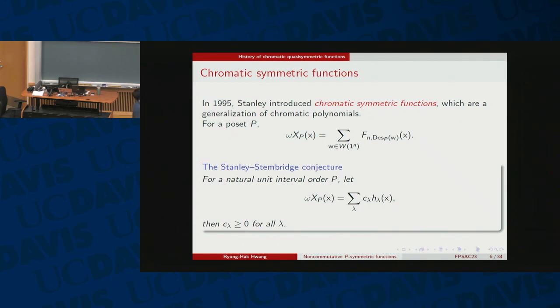For a given poset P, the chromatic symmetric function is the sum of fundamental quasisymmetric functions indexed by the P-descent set of words, where the word is of type 1 to the n. There is a famous long-standing conjecture in algebraic combinatorics: for the natural unit interval order P, the chromatic symmetric function is e-positive. This conjecture is still widely open.